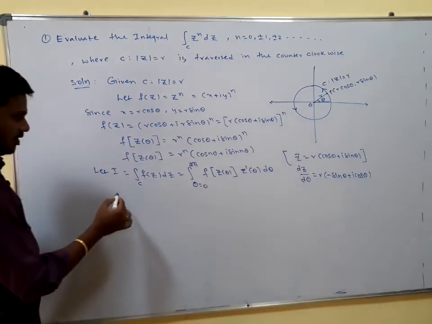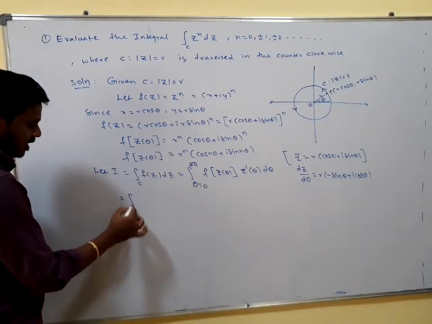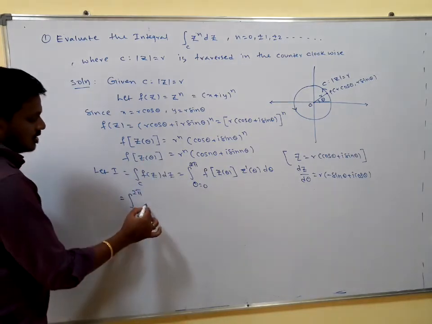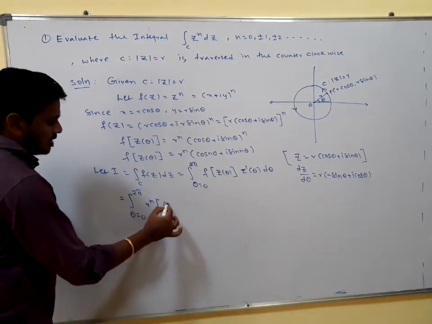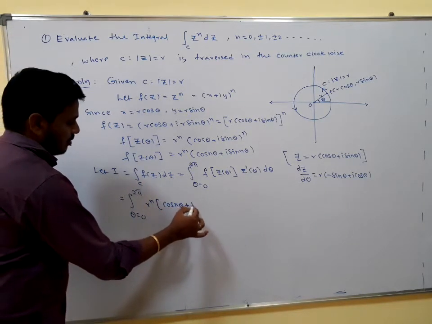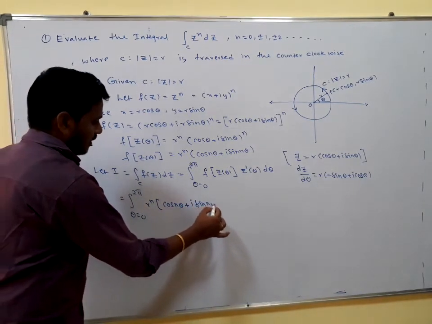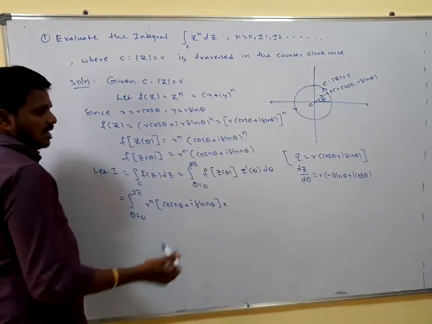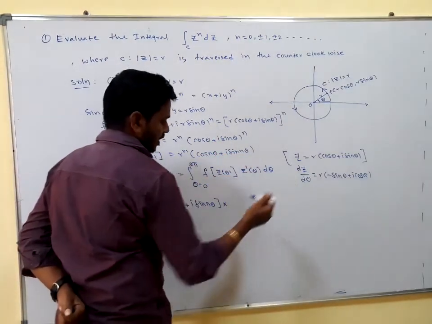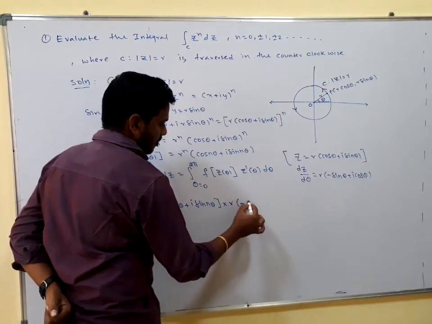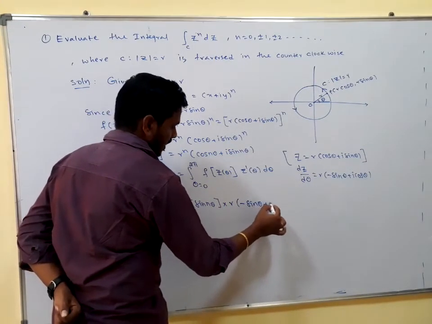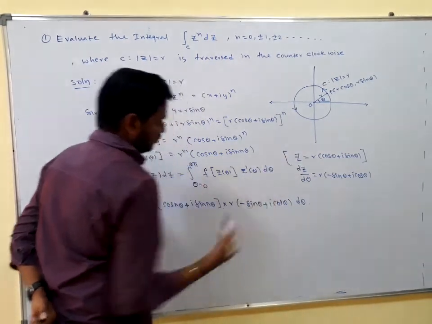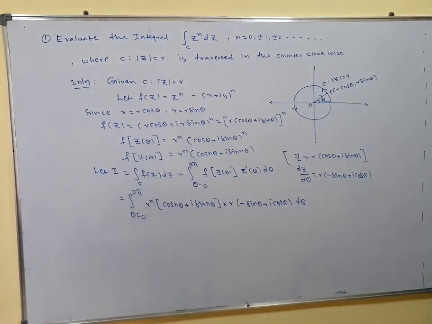So dz = r (minus sin theta + i cos theta) d theta. Directly substituting f(z), the integral is theta from 0 to 2 pi of r to the power of n (cos n theta + i sin n theta) into z'(theta), where dz is replaced by r (minus sin theta + i cos theta) d theta, that is z'(theta).